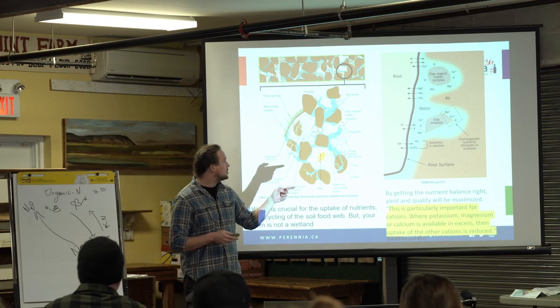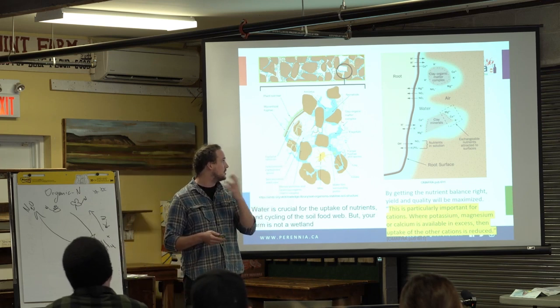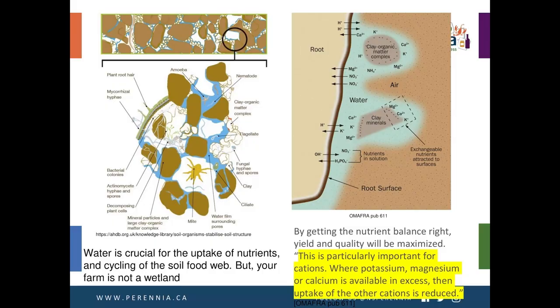This picture on the right-hand side talks about something that Caitlin alluded to as well. You have your clay mineral and your organic matter aggregate there. They're negatively charged. They have cation exchange sites where they will exchange cations. If you have a soil that has excessive calcium and magnesium in it, those ions, because they have a stronger charge, like Caitlin's example, are going to rob those exchange sites of other nutrients.